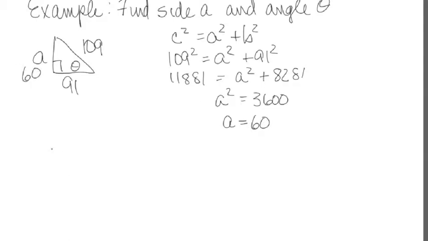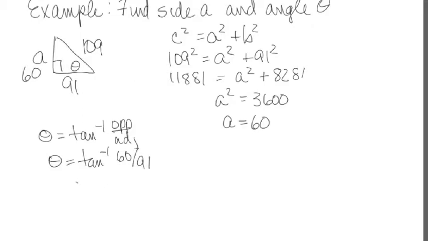Now, angle theta can be found using the inverse trig functions. In this particular case, I'm going to use the inverse tangent, which is the opposite over the adjacent. Theta is equal to the inverse tangent of the opposite, 60, over the adjacent, 91, which gives us an angle of 33.4 degrees.